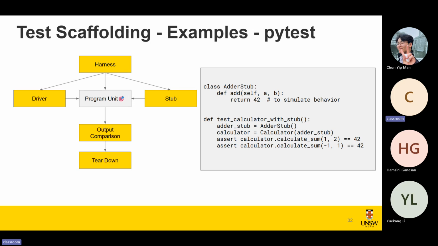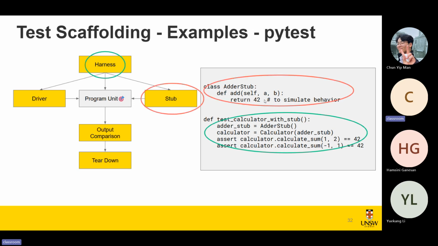But anyway, this stub is a stub, but this entire thing here is considered as the harness. So everything here is basically a harness. What about these two assertions here? They are just output comparison, right? That's very straightforward.